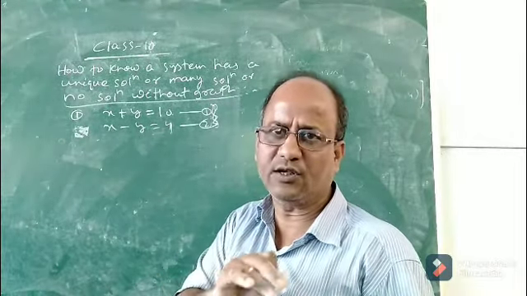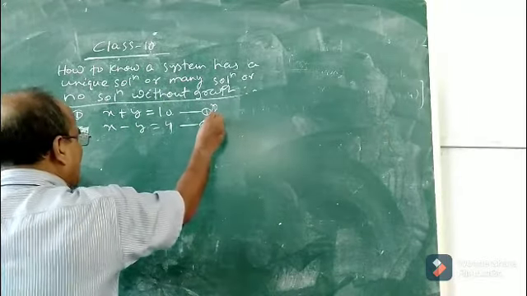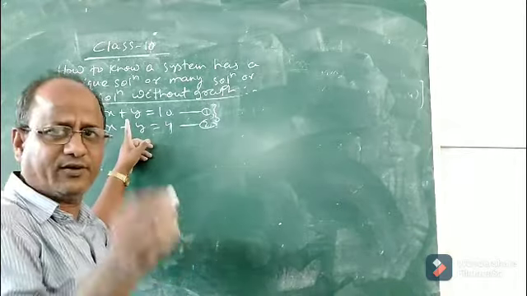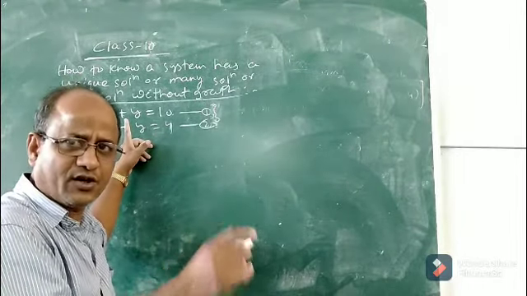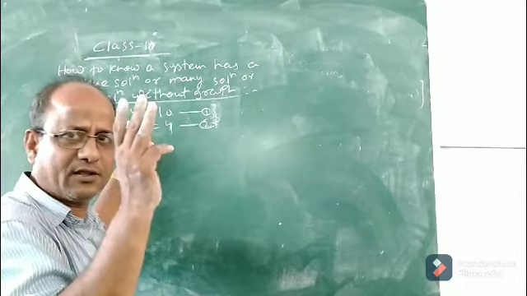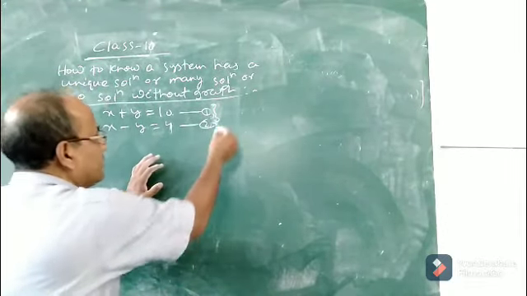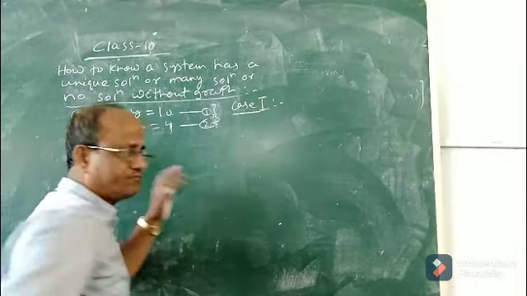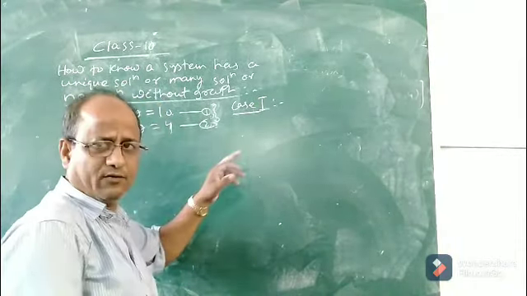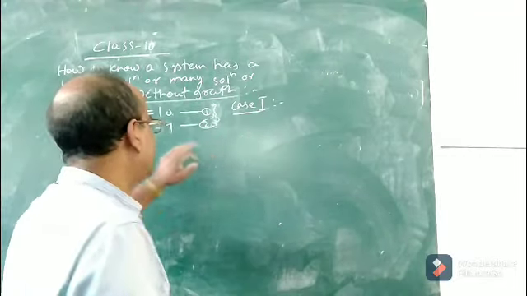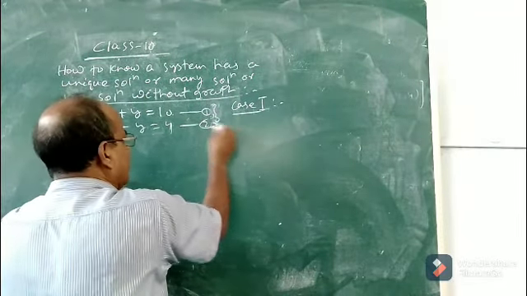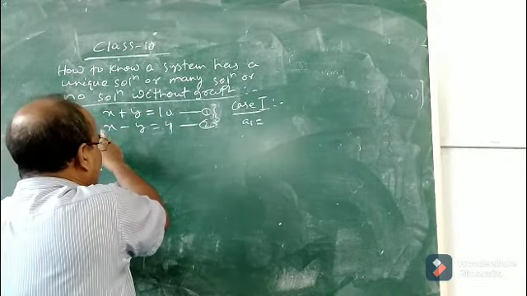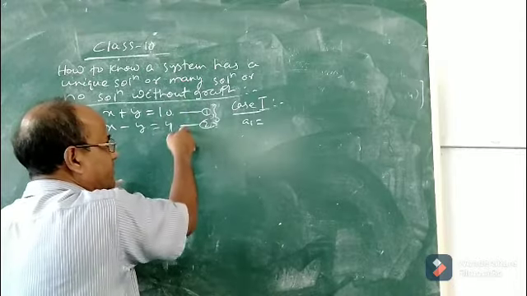What is the procedure? So, without graph, to decide whether a system has a unique solution or no solution or many solutions, we have to remember three things. Let me tell you what the three things are. Case 1. First you find A1, B1, C1 and A2, B2, C2 from the given system or pair.